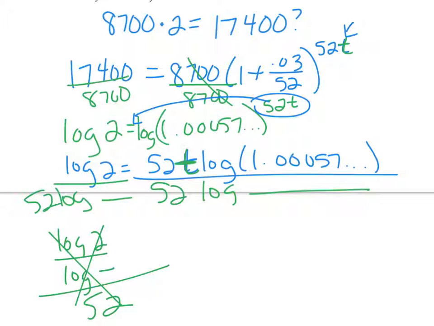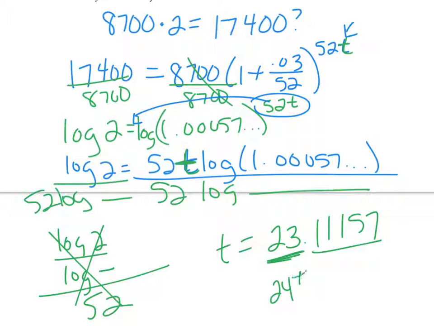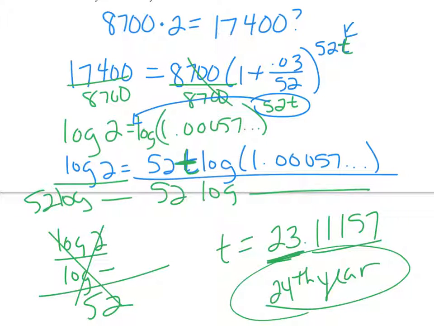We've done this enough that hopefully you know how to do that little piece by now. And you find out that it's 23.11157 years. So 23 years have already gone by, so in the 24th year, the money should have doubled. Okay, have a good day.